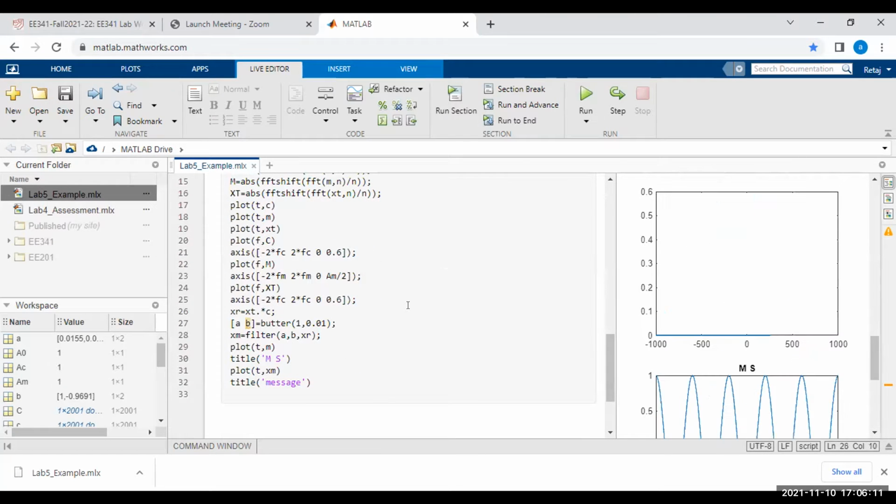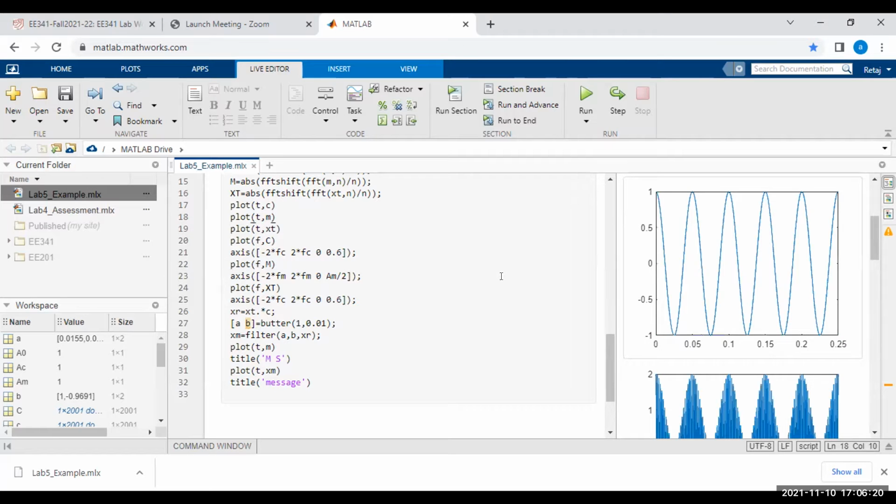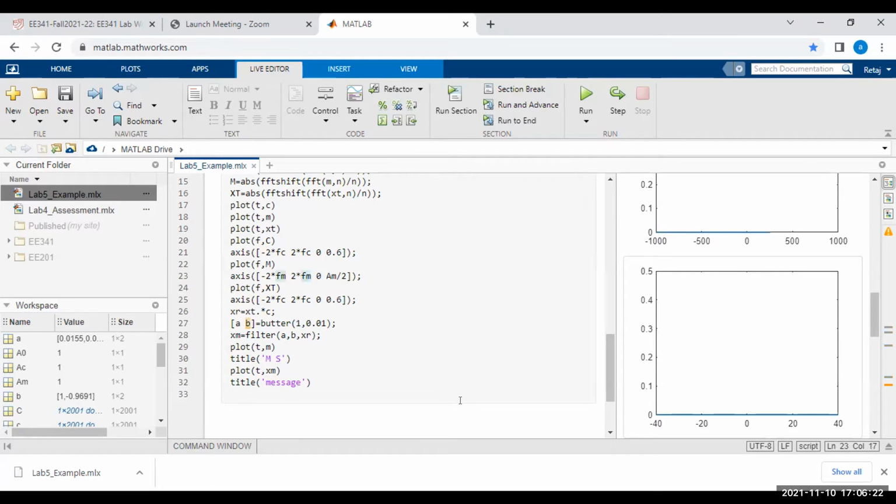After the M, she should put the C. She didn't put it at the small line. No, before. This one, no, before. Here. No, up.